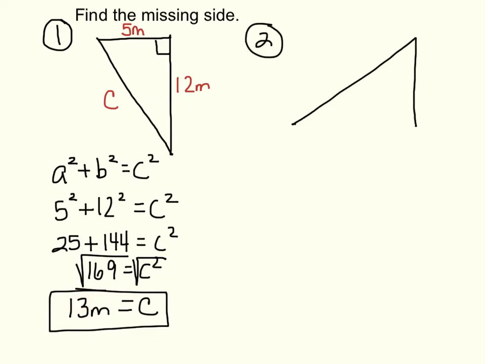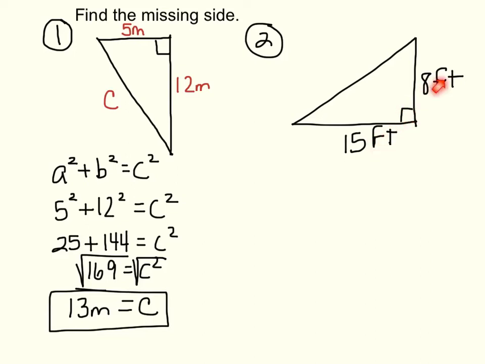Example number 2. Draw another triangle. We're going to label 8 feet and 15 feet. Find the missing side. So in this problem, here's our right angle.